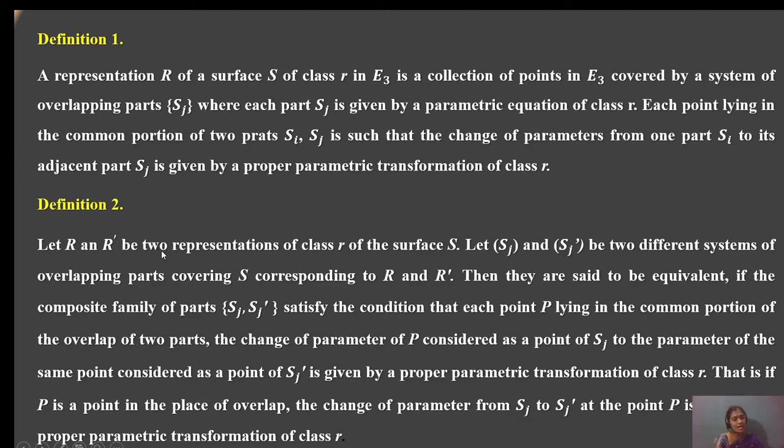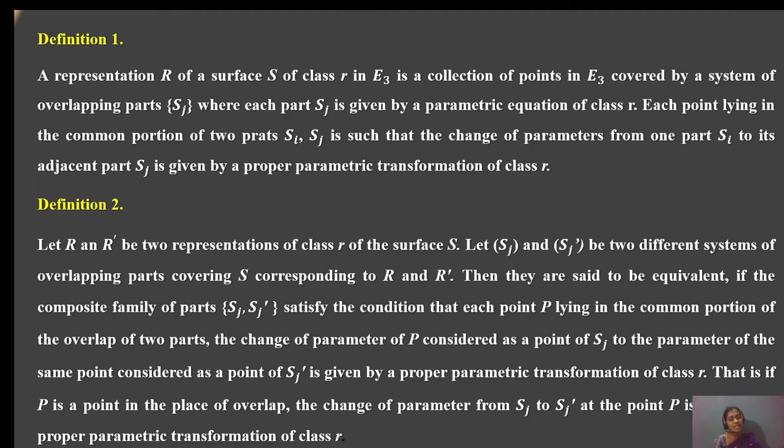Let R and R dash be two representations of class R. For the second definition, let Sj and Sj dash be two different systems of overlapping parts covering S corresponding to R and R dash. They represent equivalent parts of the composite family of parts.